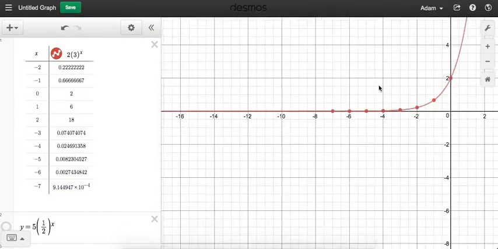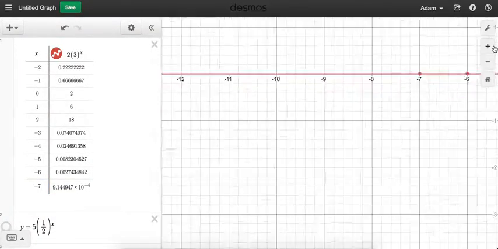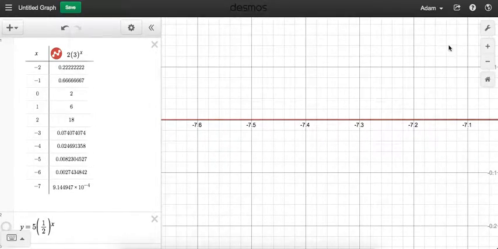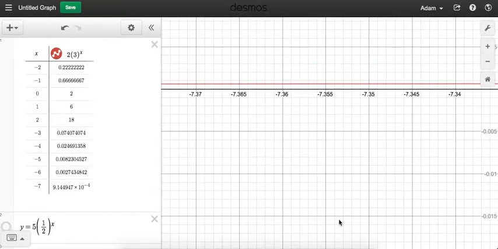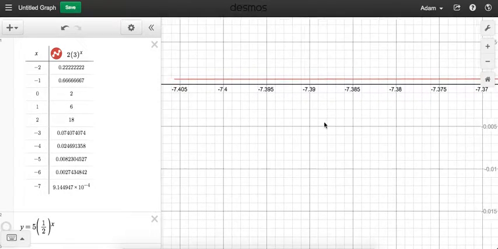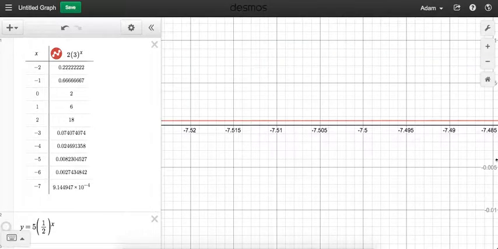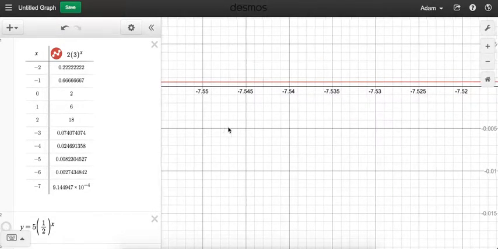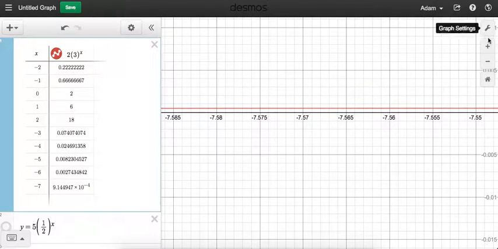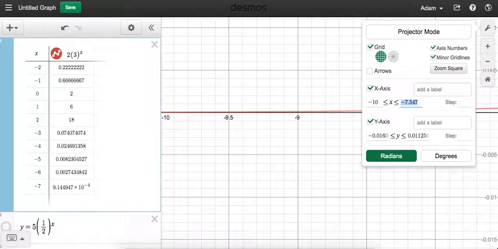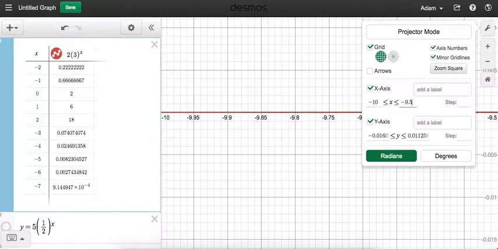And let me come over here and zoom in. Let's look at this. So if I zoom in, we're not touching the axis, even though it sort of looks like we are. I can do that, and actually we're just slightly above here as we go over. So we continue over. Let me change this so we're looking from -10 to -9.5.